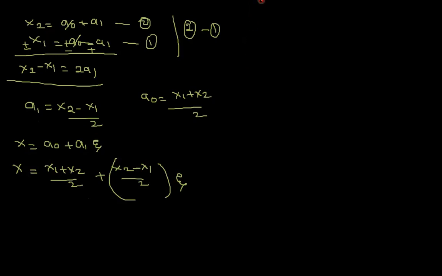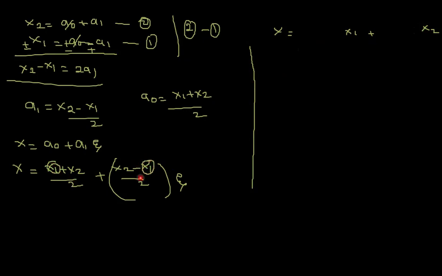Now, using the above equation, I need to write down the x1 terms and x2 terms separately. So let us separate x1 and x2. See, x1 is present here as well as here.